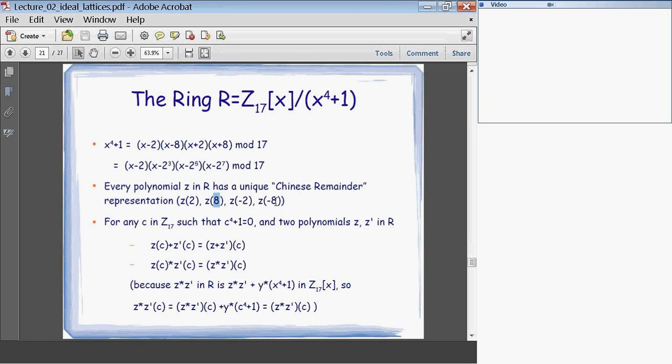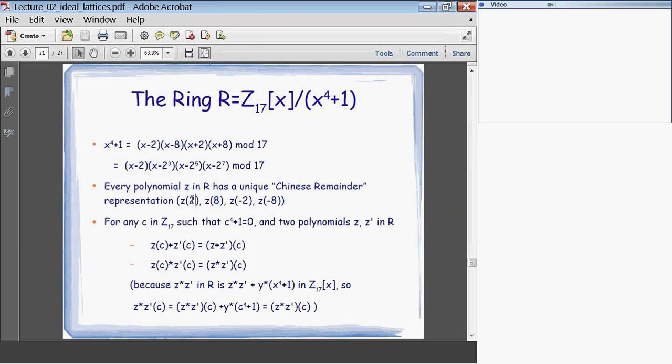So certain special numbers, and we'll discuss in more detail the definition of those numbers that can be computed, rather, in a relatively efficient manner, or at least they can be pre-computed, and then all operations afterwards can be performed using those known primitive roots of unity.